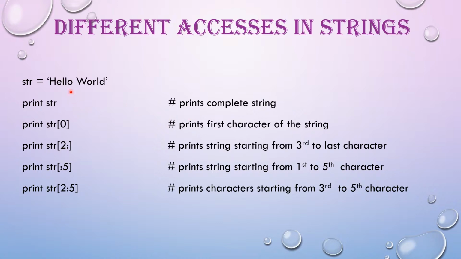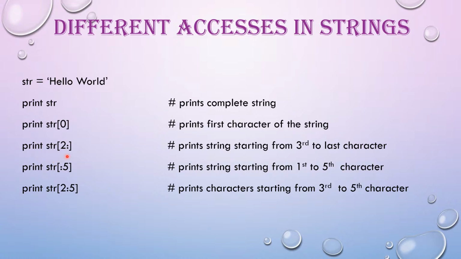This will print the whole hello world string. Then we used print str[0]. This is the index of this string. As we have said, it starts with the 0 index and then 1, then 2, then 3, and so on. Thus, str[0] prints H.